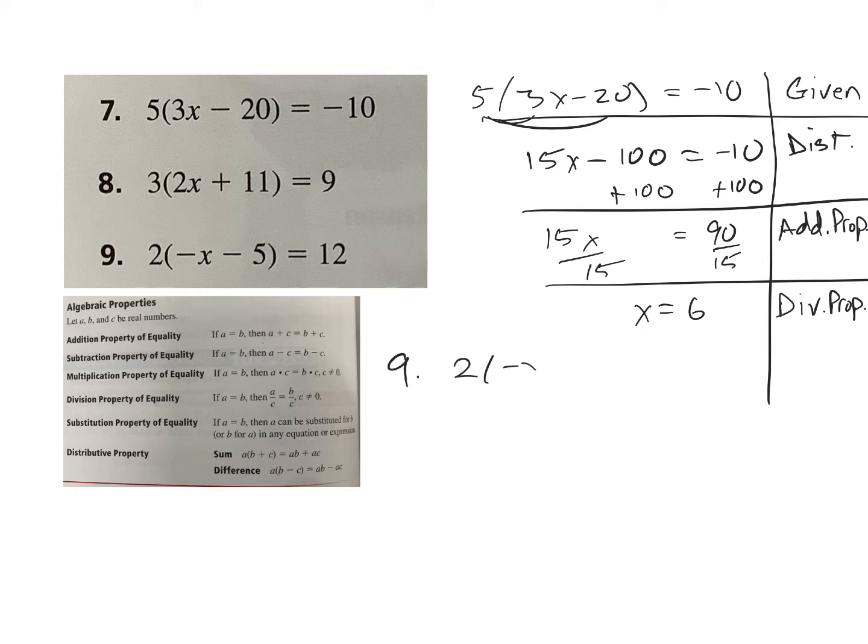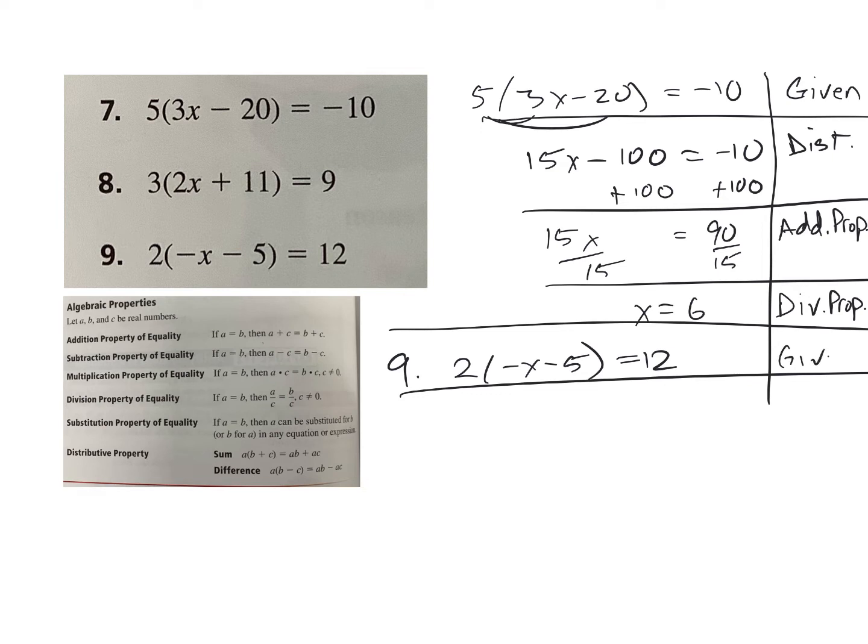2 times (-x minus 5) equals 12. All right? And that is a given. I'll move this column over a little bit here. So we're going to distribute. -2x minus 10 equals 12. So that would be the distribution property of equality.